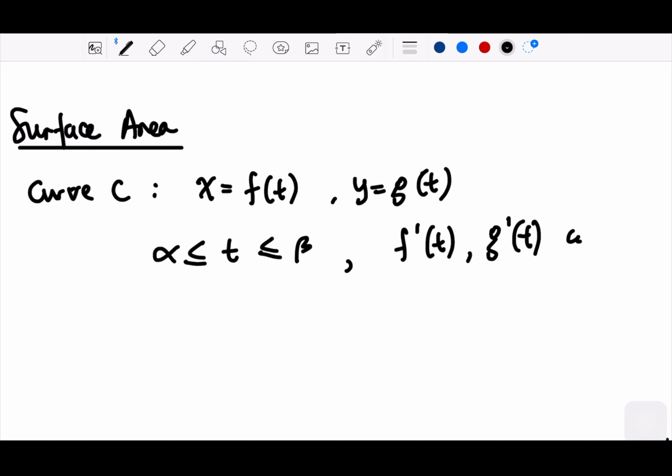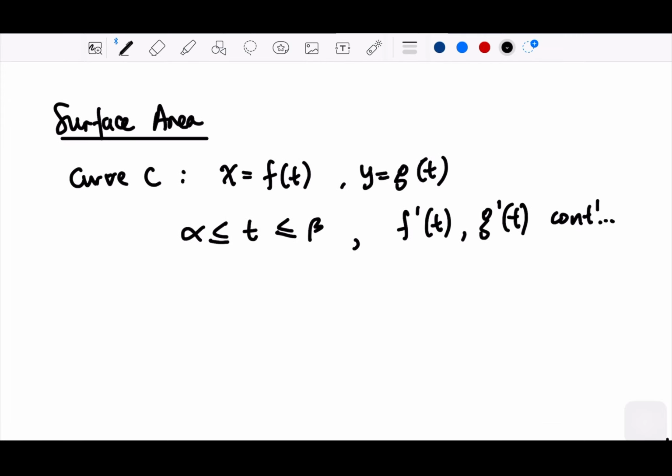Let's say continuous, so no problem in the curve itself. The function for y is positive, so we make sure that it's on the top, the positive side.